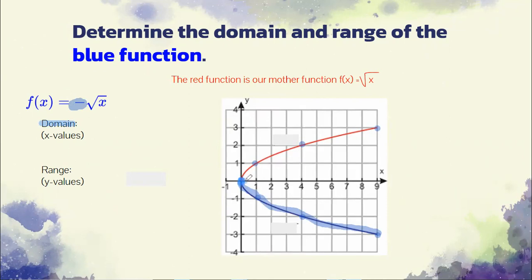I want to read my x-axis and see my graph continues all the way towards the direction of positive infinity. So I could say that my domain values are going to include 0 because it starts there. And we're going all the way through positive infinity.